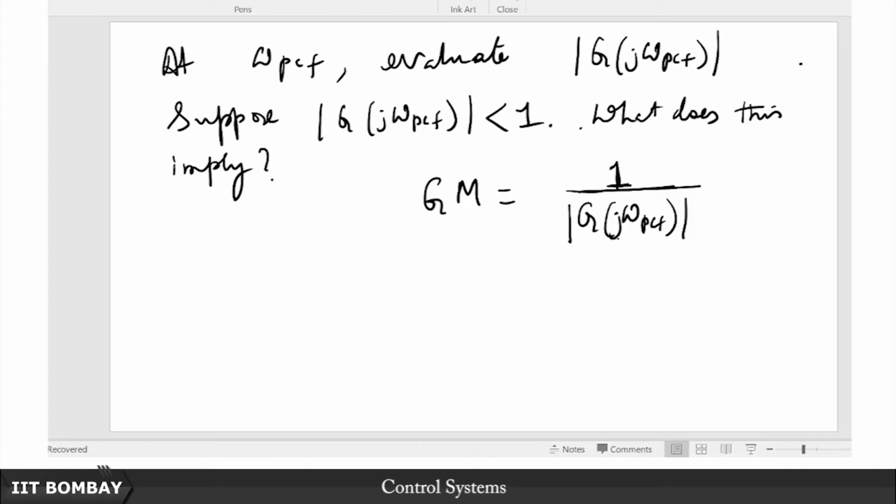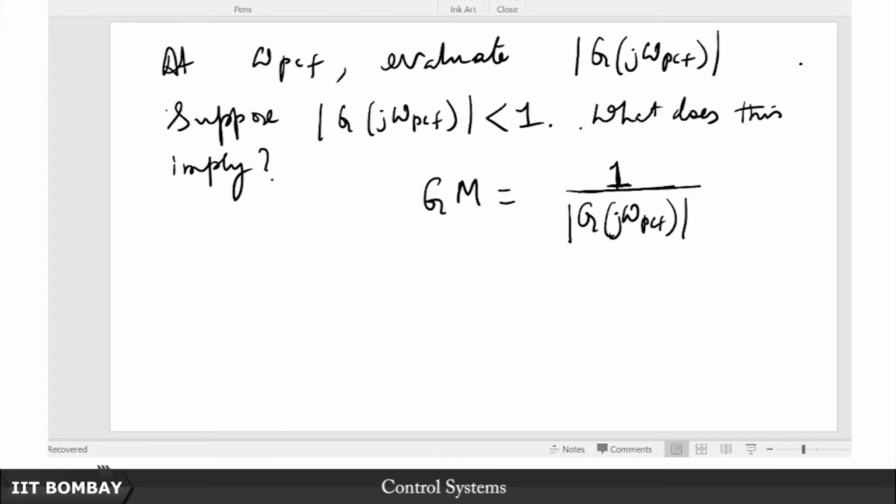I can still keep increasing my gain until my closed loop poles start migrating to the right. So the gain margin gives me how much gain can still be increased. In that sense, it is a measure of robustness. My system can still withstand that much perturbation in the gain until the closed loop system goes unstable. So it is not just a measure of stability, but a measure of robust stability.